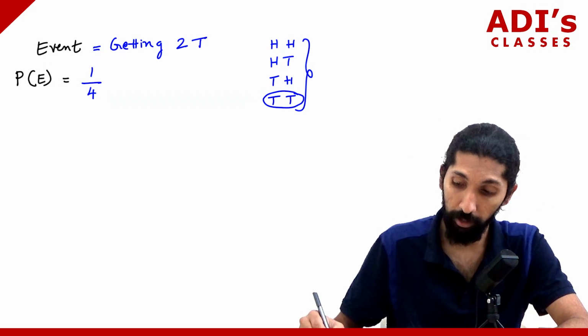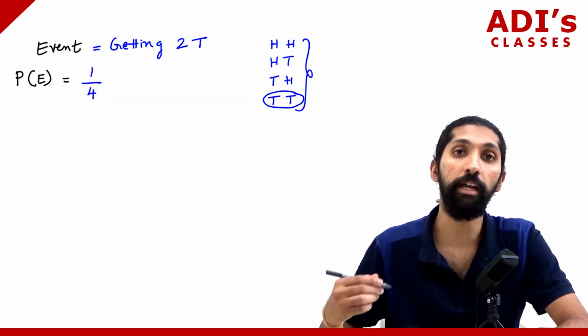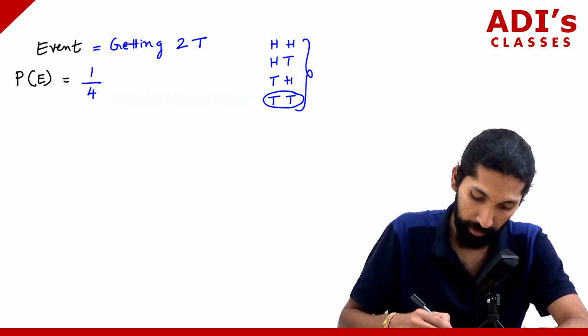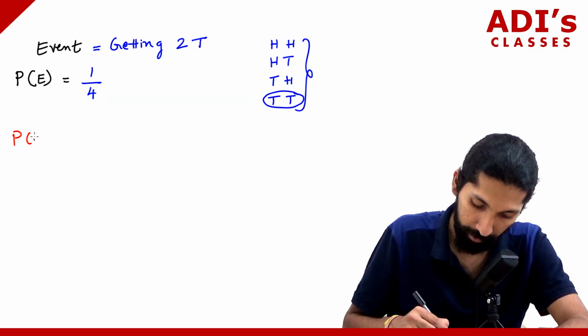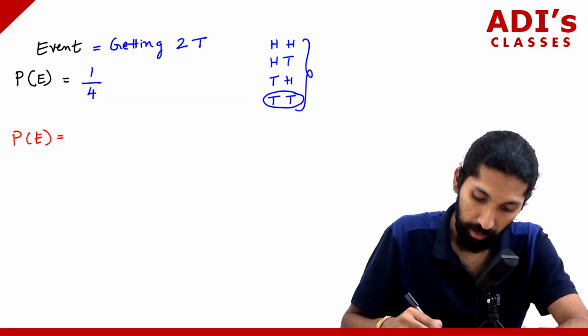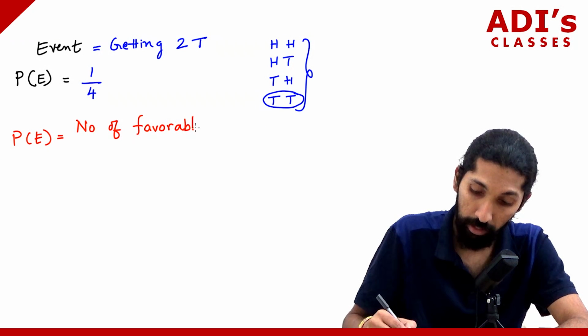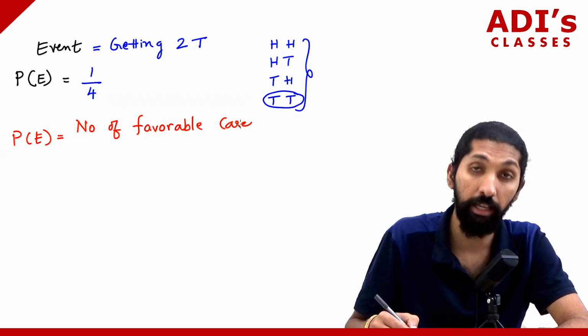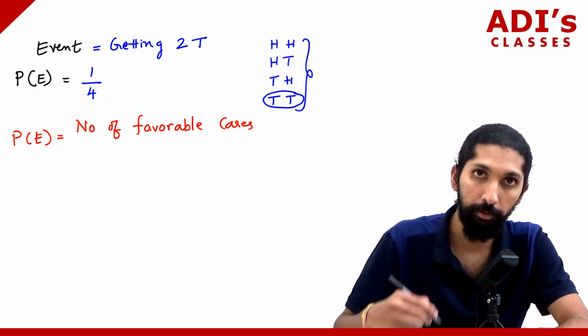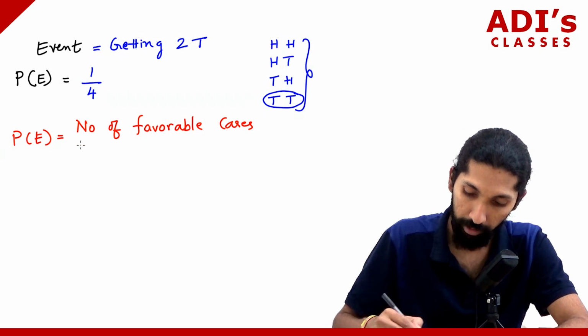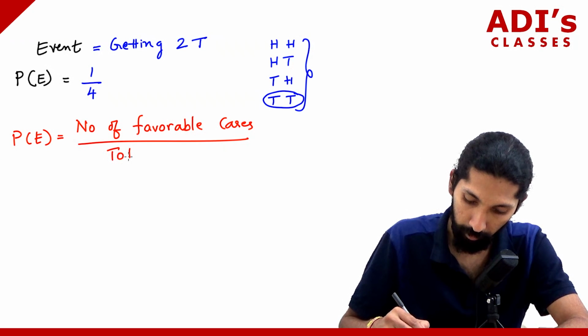If we are writing the probability of any random event, we can say that the probability of an event E is the number of favorable cases, or the number of times that particular event is occurring, divided by the total number of cases.